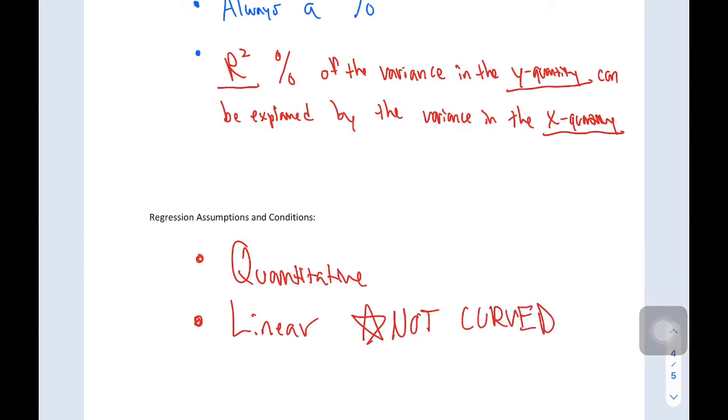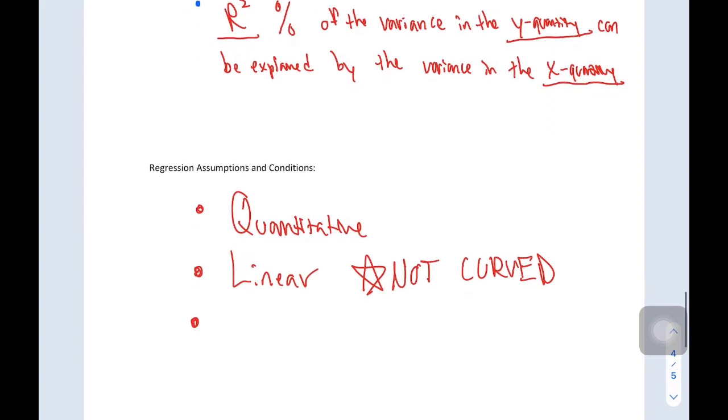It wouldn't make sense to run linear regression on something that has a curved pattern. That'd be bad news. Then spread should be consistent. And there should be no outliers.